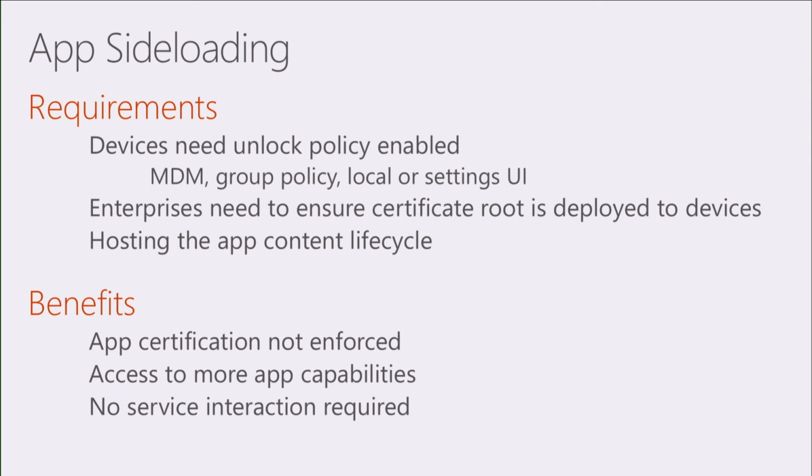Every app has to be trusted. You have to make sure the app is signed by somebody you trust, right? So that's either yourselves with an enterprise certificate, or the developer's got a certificate from a well-known authority, or you're going to make another arrangement with that developer. What's interesting here, though, is no one is certifying this app. This is an app that you're getting directly from that developer, whether it's you or another third party.